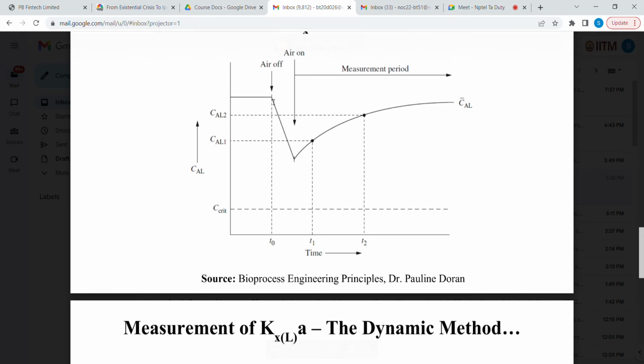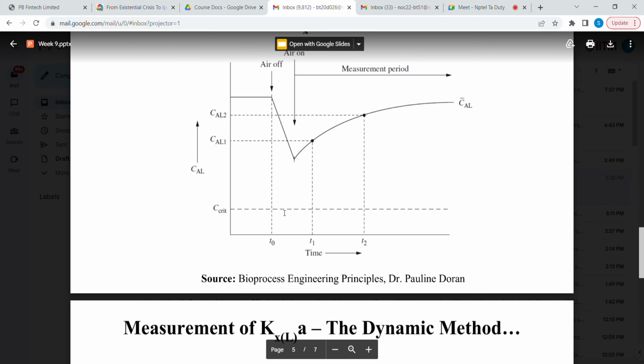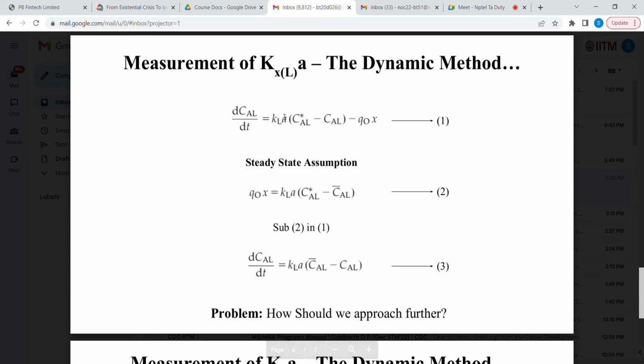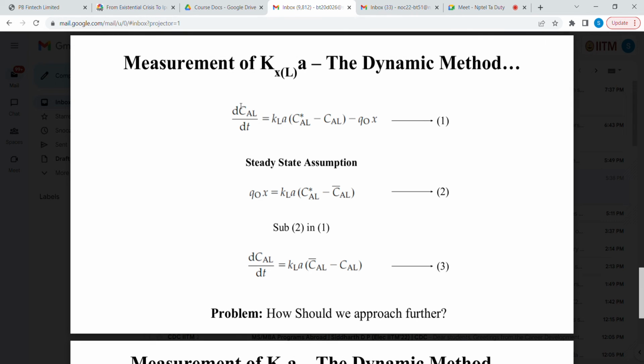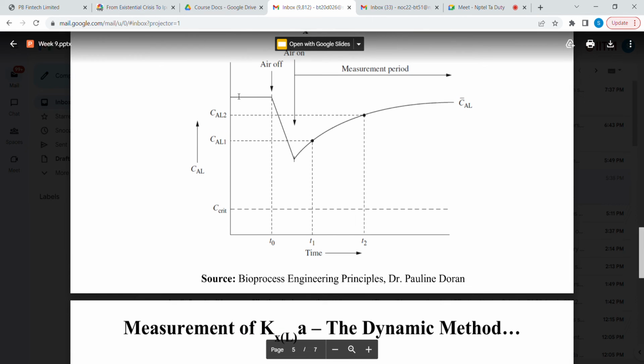What we can say is that we add a preponderantly high amount of gas in the liquid, so that it attains C critical, and here we decrease the flow rate so that it attains a steady state which is lower than the C critical. But that apart, at steady state assumption there is no further change in the concentration of the oxygen that's present in the liquid. You can just leave out the C star and CAL dash debate for now.